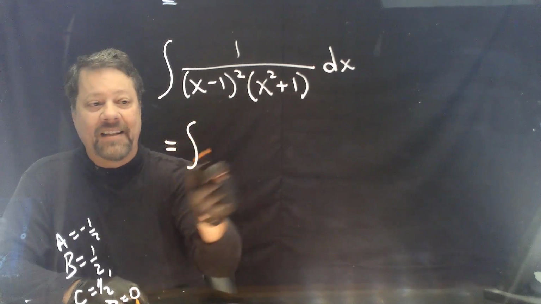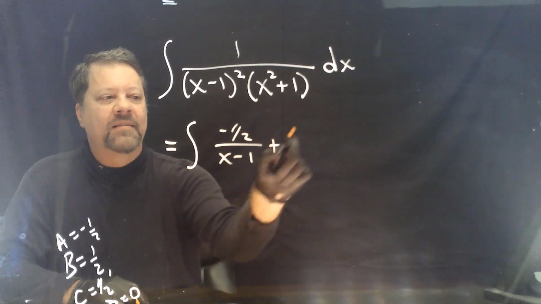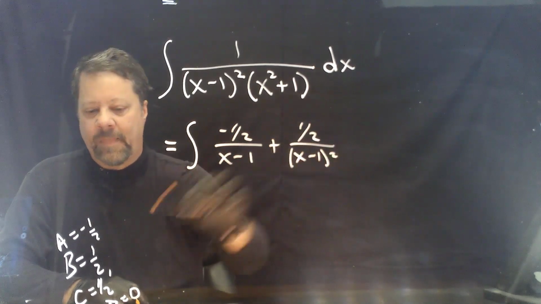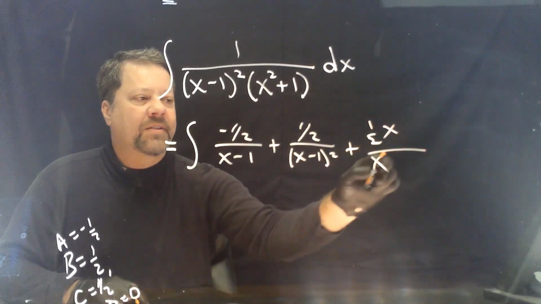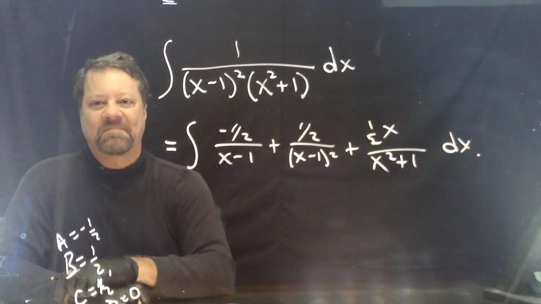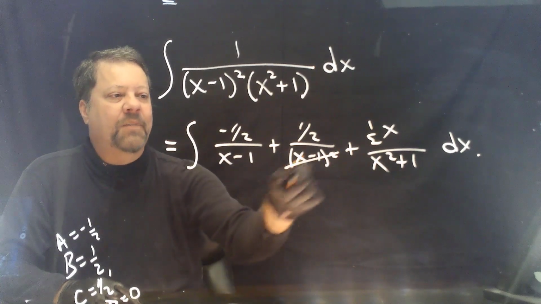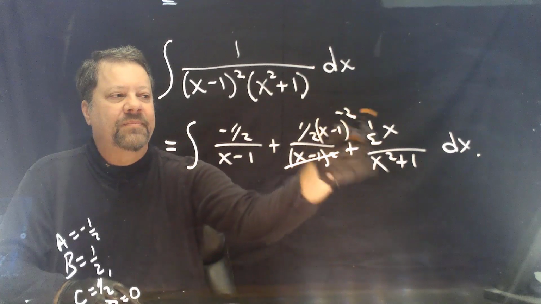Now we can begin the integral. We'll have negative 1/2 over x minus 1 plus 1/2 over x minus 1 squared plus 1/2 x over x squared plus 1 dx. For sake of simplicity in the calculation, I'm going to move this up as x minus 1 to the negative 2.